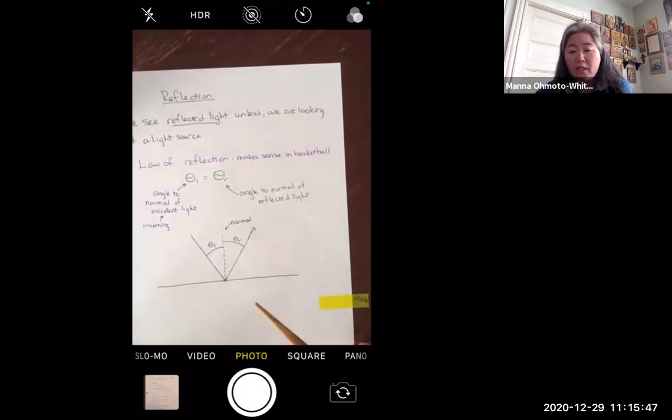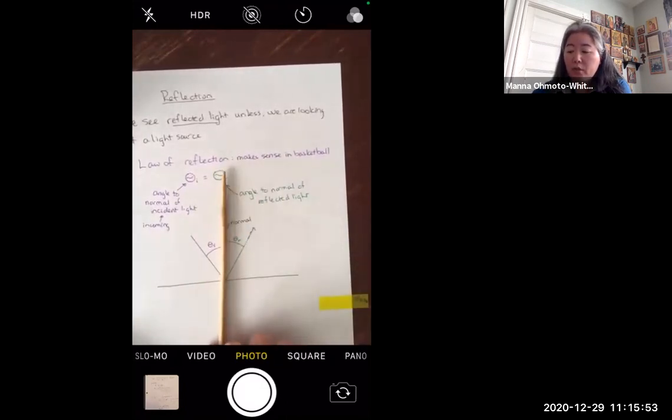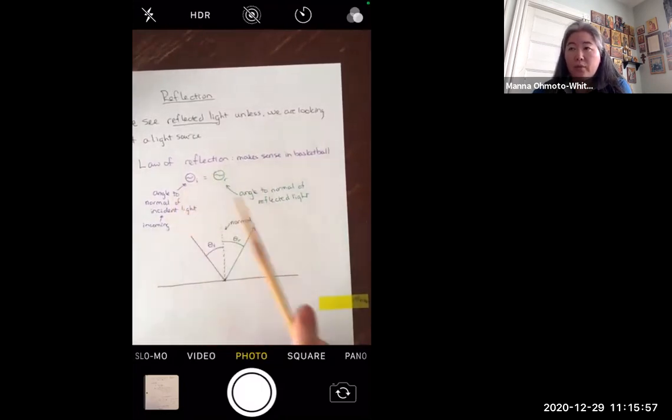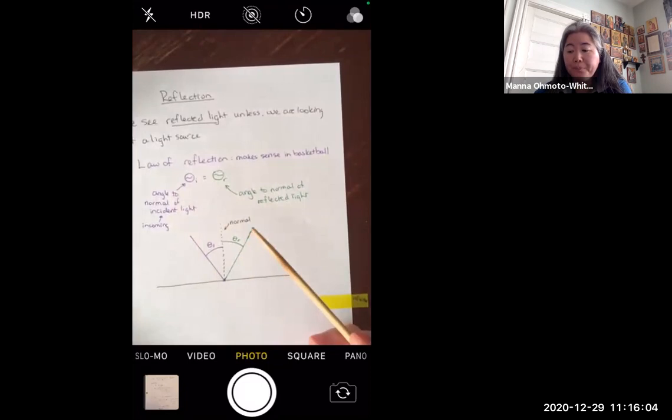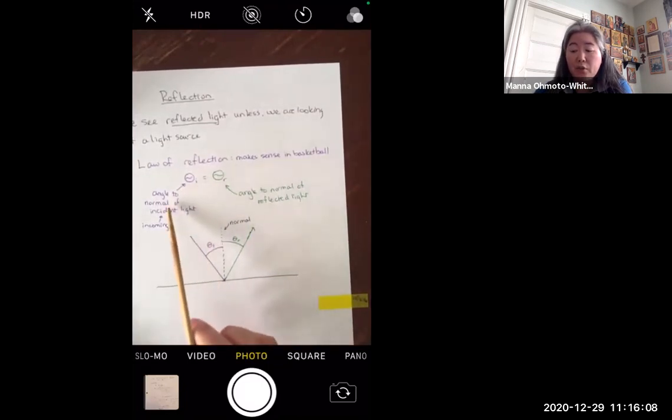Now, in physics, we tend to think of things in terms of how it is related to the normal line. And the normal is always perpendicular to the surface. The reason why we do that is that it's often easier to figure out what the normal line is rather than what the nature of the surface is. So theta i means the angle to the normal, that's this, of the incident light.